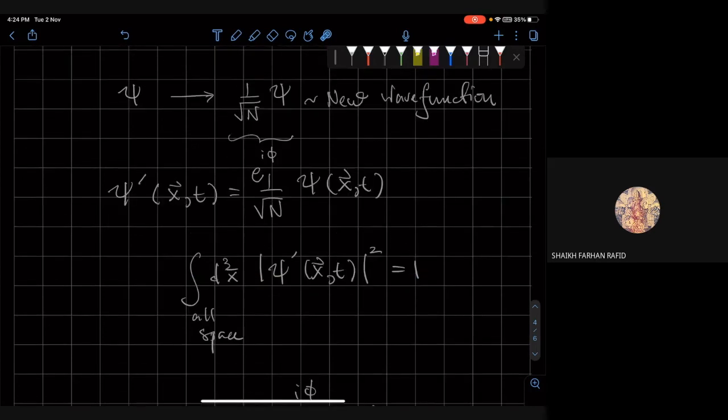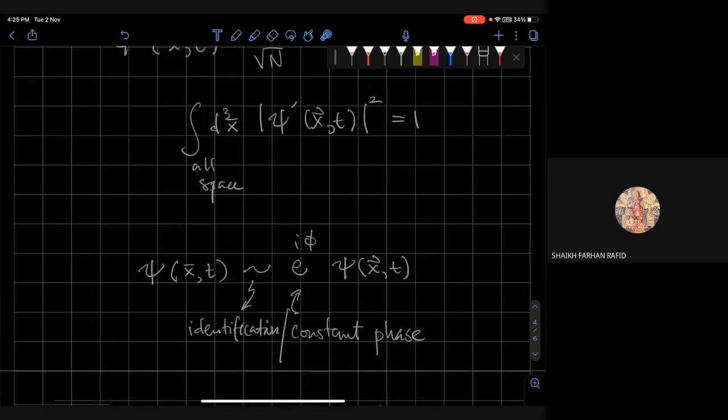But if I now multiply this wave function by a constant phase, then this does not change the normalization condition, does it? Yeah, this part I didn't understand. How does it not change it? Because here we are taking the modulus, and what is the modulus of a phase? It cancels during the multiplication. Yeah, so it doesn't affect this.